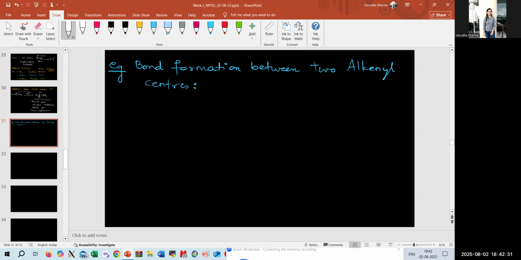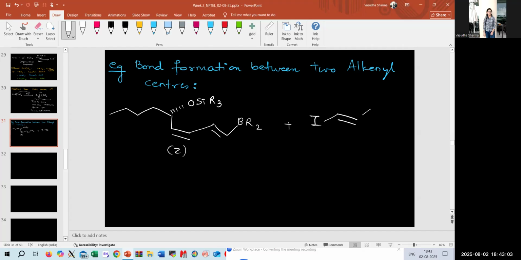So the first one that we are taking, this is the isomer, and this is a boron partner, and the other halide is this one.